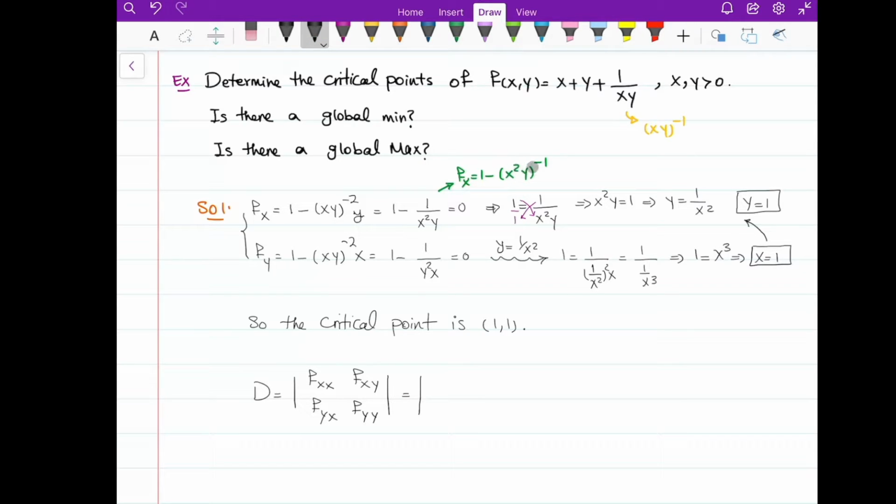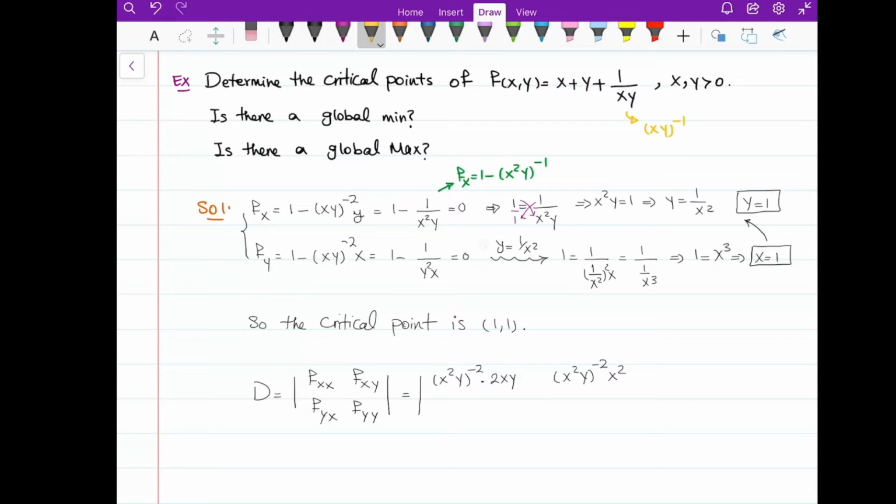And so fxx would be, the 1 goes down, x squared y to the power of -2. The derivative of the inside with respect to x is just 2xy. Now I'm gonna find fx with respect to y. It would be x squared y to the power of -2, and the derivative of the inside with respect to y is just x squared.